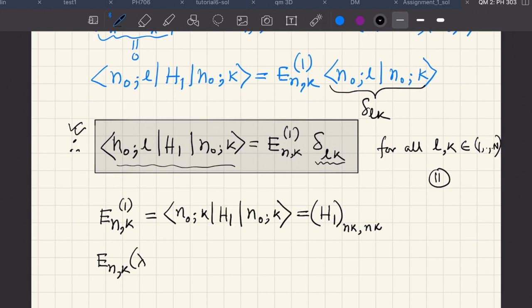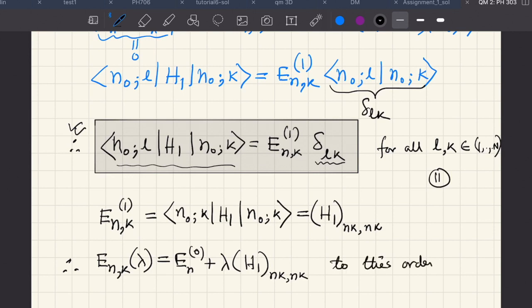And to this order, therefore, E_nK(lambda) is equal to En0 plus lambda H1_nK, to the first order. You really have to start with the correct basis, the basis that makes H1 diagonal in the degenerate subspace.